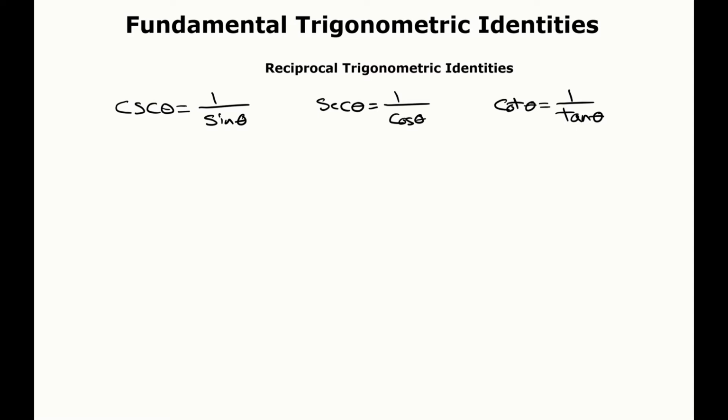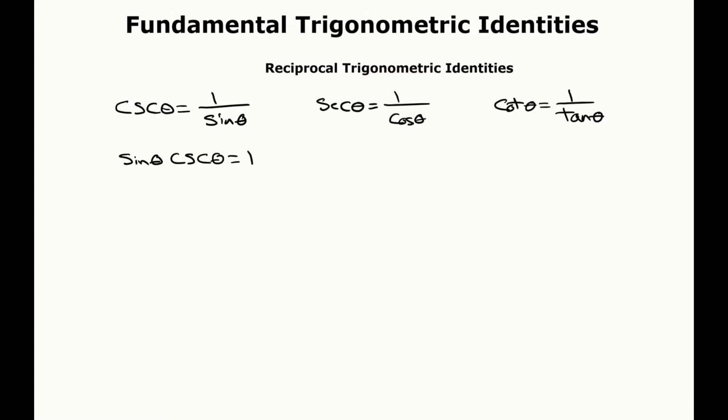As simple as these are, you'll want to be very comfortable with their various incarnations. For example, if we imagine a 1 under each of these expressions on the left side, then we can go ahead and cross multiply, and we end up with sine theta cosecant theta equals 1.